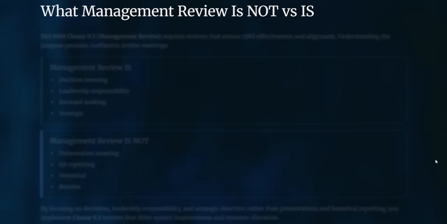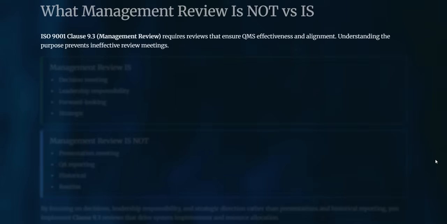What management review is and what management review is not, we need to distinguish here to avoid the pitfalls. According to ISO 9001 Clause 9.3, management review requires reviews that ensure quality management system effectiveness and alignment.